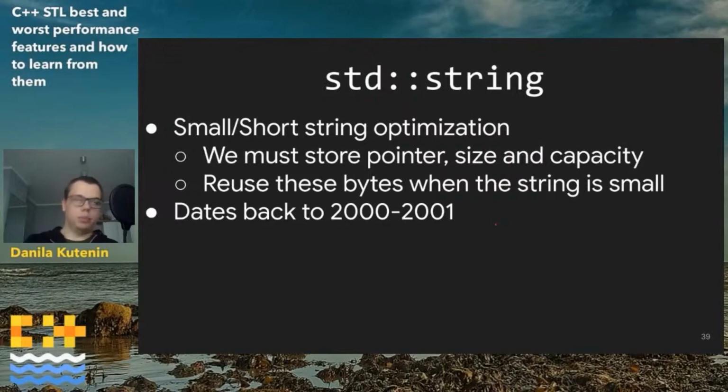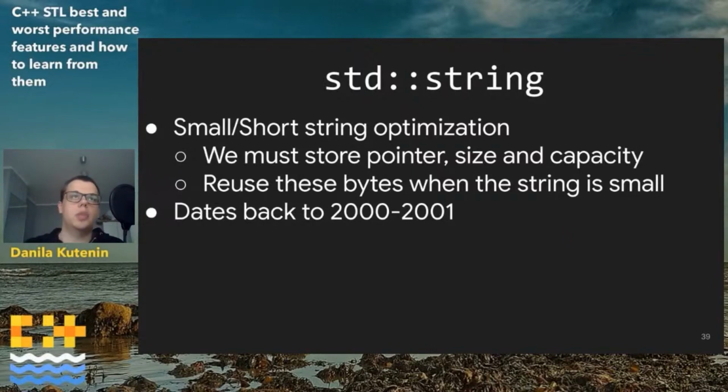Now let's talk a little bit about debatable things like standard string. Standard string is a sequence of characters with some properties. Lots of compilers, actually encouraged by the standard, use small string optimization. In standard string, we must store basically 3 things: a pointer to the start, the size, and the capacity.